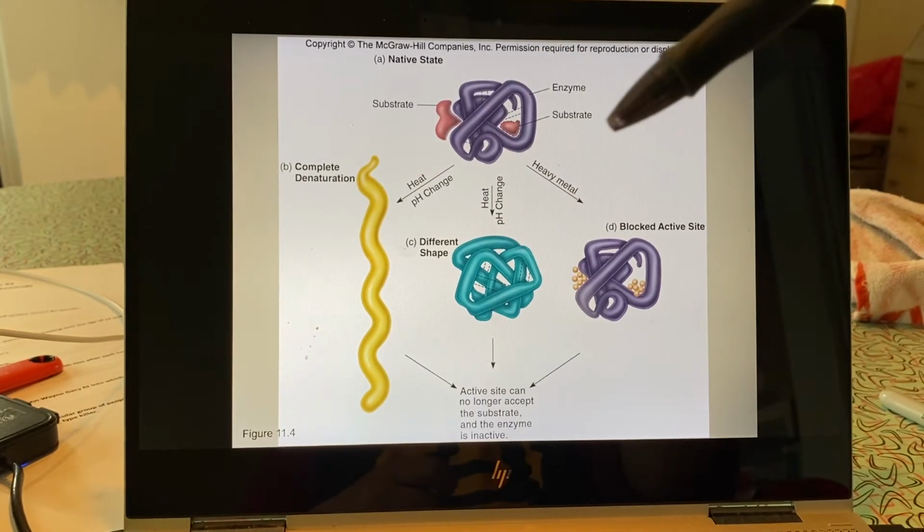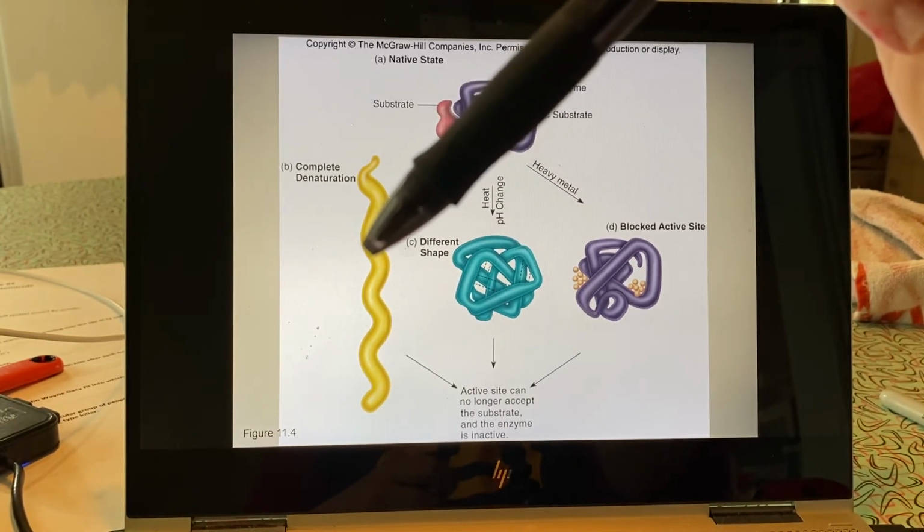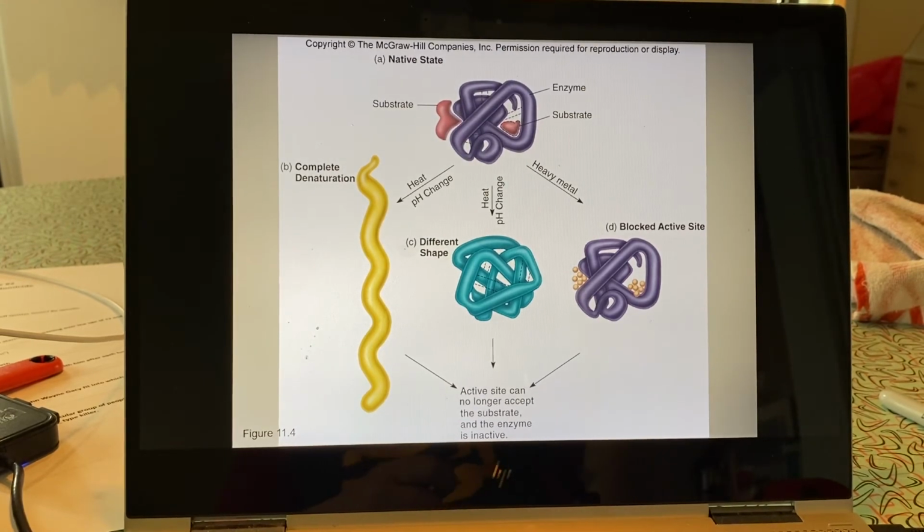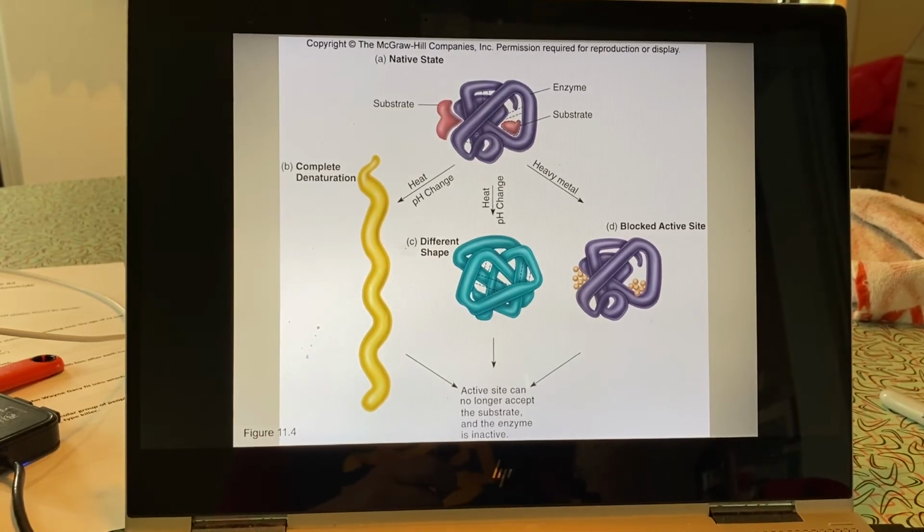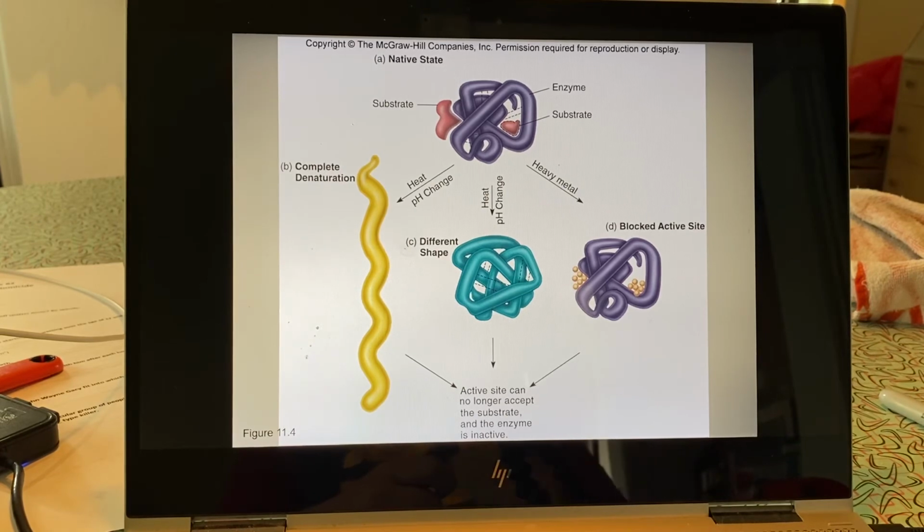The one thing that does this, and this is important, is high heat. Cooling does not cause denaturation. The only way that you can denature proteins in terms of heat is to have high heat.